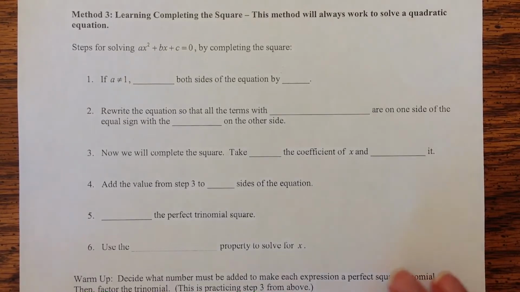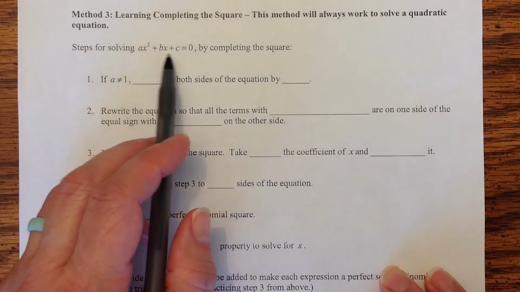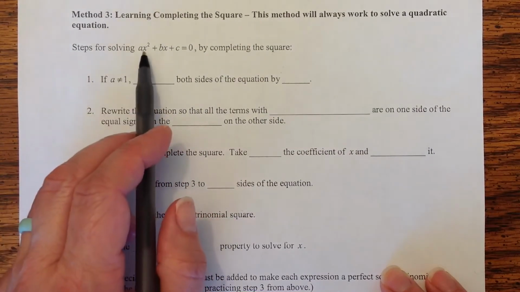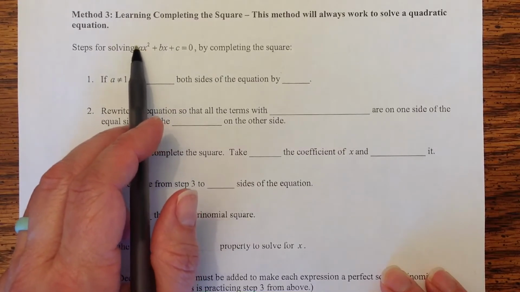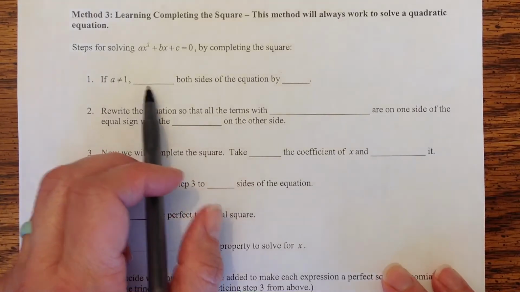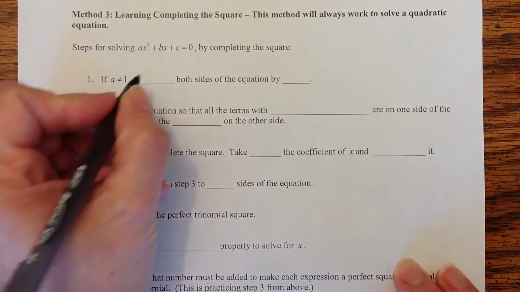Here is the process. So a quadratic equation in this form, the first thing that you want to do is have the leading coefficient, the number in front of x squared, be 1. So if it's not 1, you need to divide both sides by a.